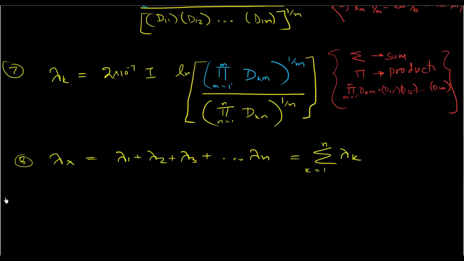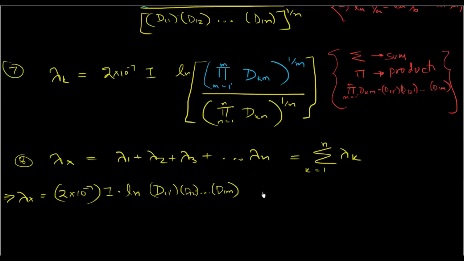Okay, so if we expand this, then lambda x is going to be 2 into 10 to the power minus 7 times I times ln of, so for lambda 1 we have d1 1 prime, d1 2 prime, so on all the way up to d1m.